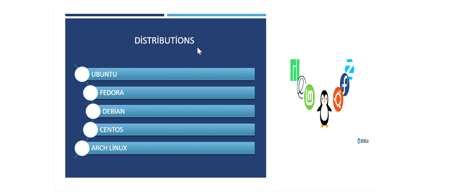So let's dive into examples and benefits of some distributions. Ubuntu is user-friendly, ideal for those new to Linux. Ubuntu offers a simple installation process, a polished graphical user interface, and extensive software compatibility. Fedora is known for incorporating the latest software technologies and innovations.